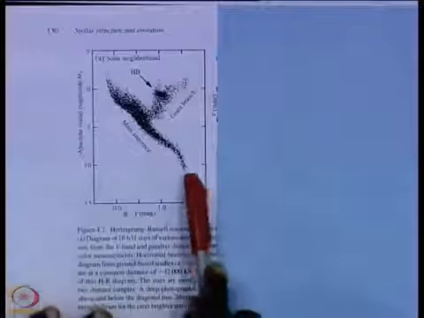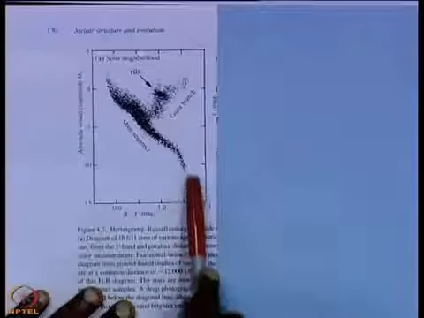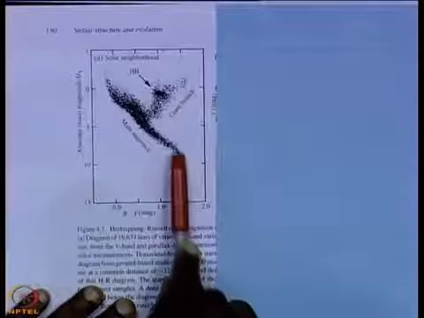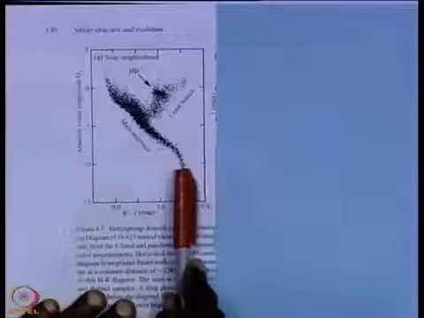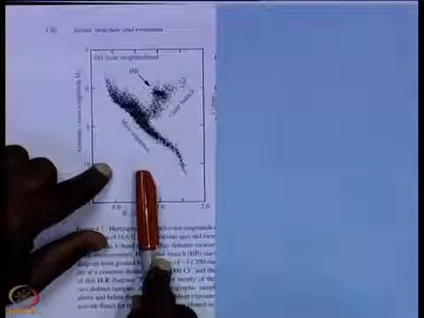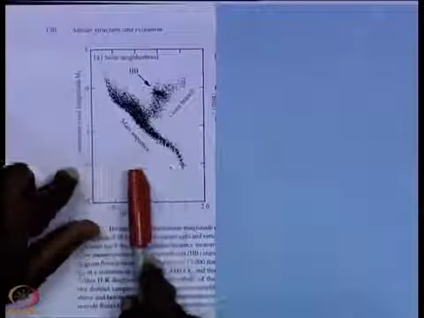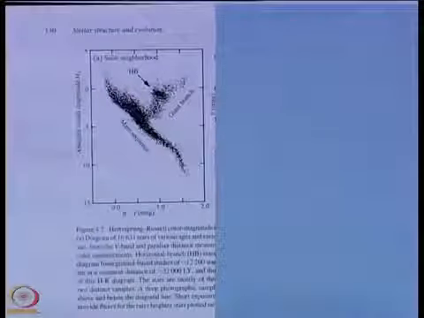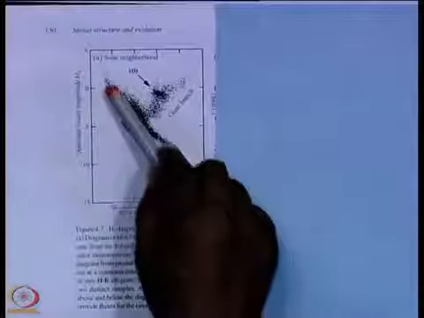And these are the low temperature, relatively cool stars. As you move to the left, you go to hotter and hotter stars, bluer, right. So, you are going towards bluer stars which are hotter, and you find that the hotter stars are also more luminous, and the hottest stars that you have are the most luminous ones. So, these are all stars within the solar neighborhood, within 300 light years, and this shows you the stars on the main sequence.